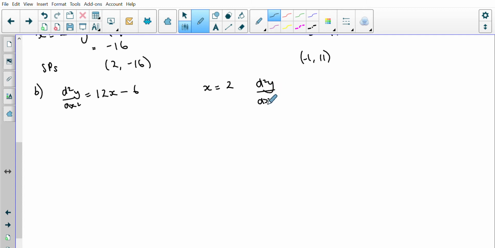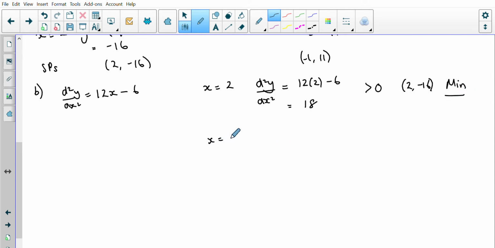d2y by dx squared will equal 12 times 2 minus 6, so that gives me 18. So that's greater than 0, 18 is greater than 0, so that tells me that (2, minus 16) is in fact a minimum point.